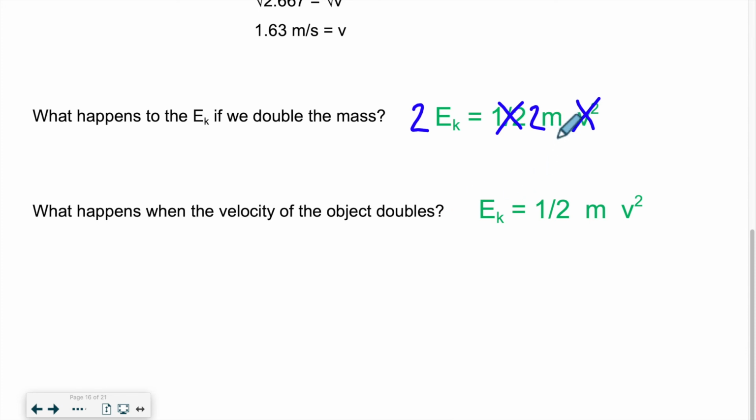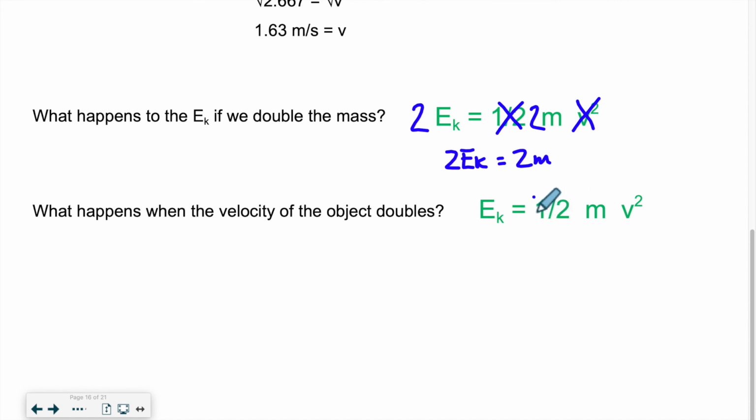If I double the mass, I double the energy if everything else stays equal. Okay, so in other words, 2EK is equal to 2 times the mass if the velocity stays the same, and that half obviously is always there in the equation.